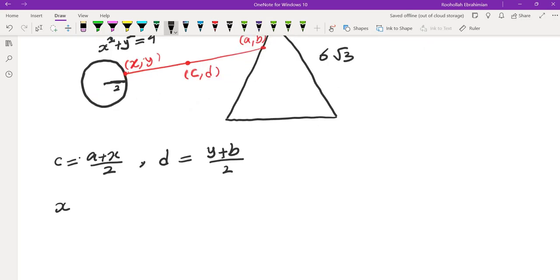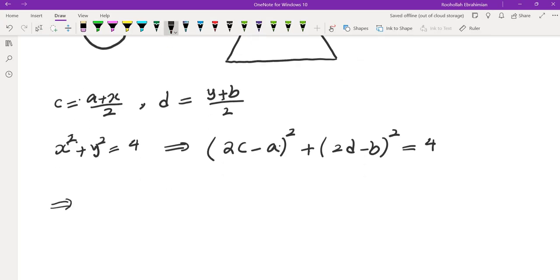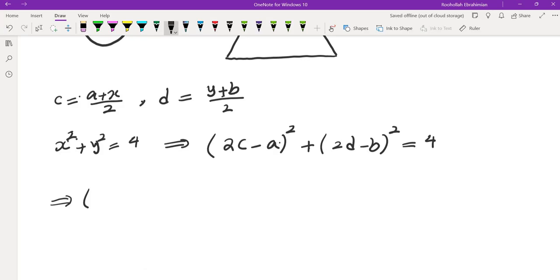So what we know is that x squared plus y squared equals 4, which means if I evaluate x and y, I get (2c minus a) squared plus (2d minus b) squared equals 4. If I write this in terms of c and d, (c minus a over 2) squared plus (d minus b over 2) squared is equal to 1. So I divided both sides by 4.